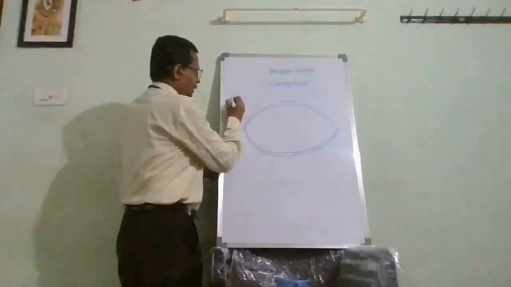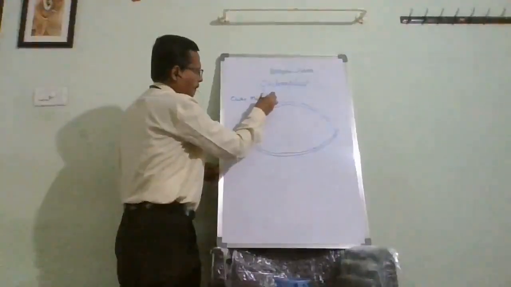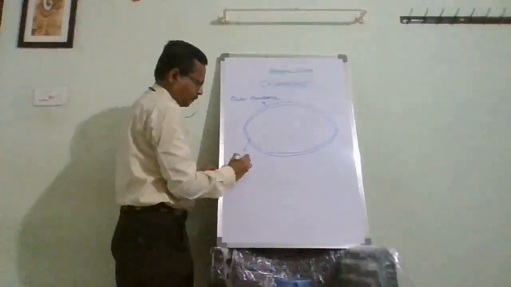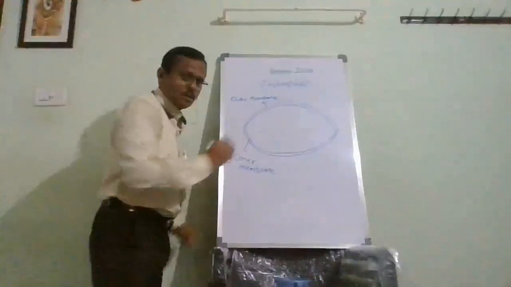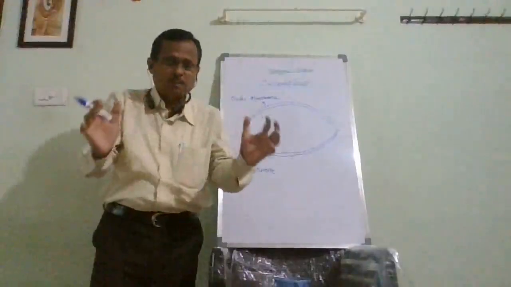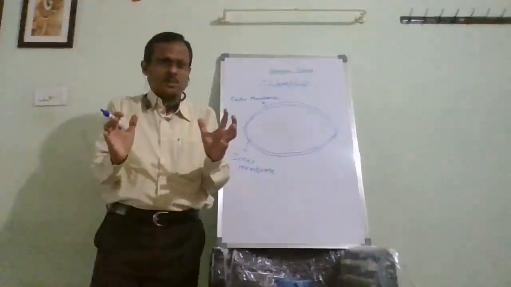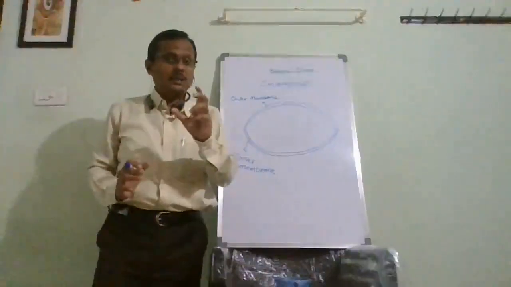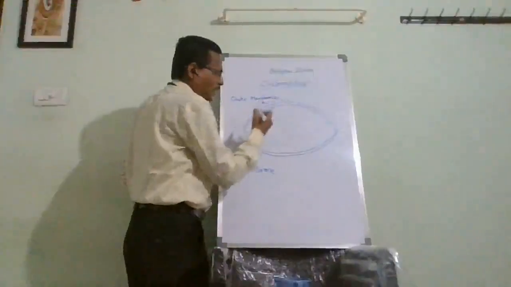It's so simple. Now inside the inner membrane there is a compartment, a chamber, a space which is filled with a viscous, gelatinous substance that contains a lot of electron acceptors. This viscous substance is called stroma.